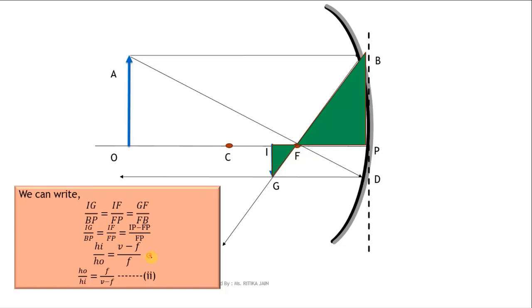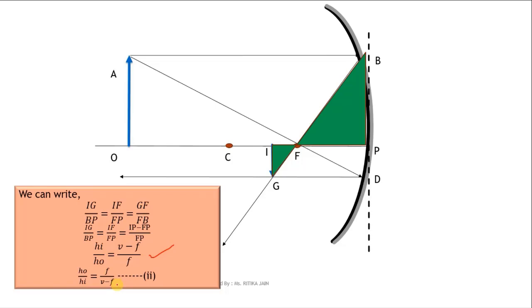So I will get this form: hi upon ho equals v minus f upon f. Now I will reciprocate the equation, so I get ho upon hi equals f upon v minus f.